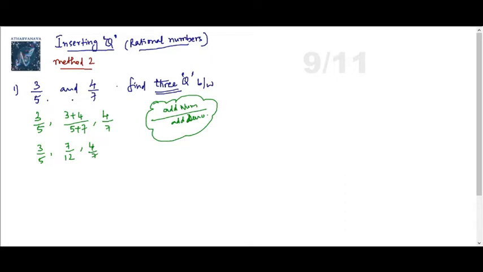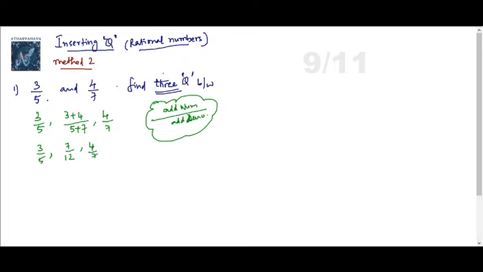Everybody is not comfortable with fractions, isn't it? So that's the reason I'm suggesting you use a comma. In this method, you just add the numerators and add the denominators. The number which forms as a rational number has to exist between the given two numbers.